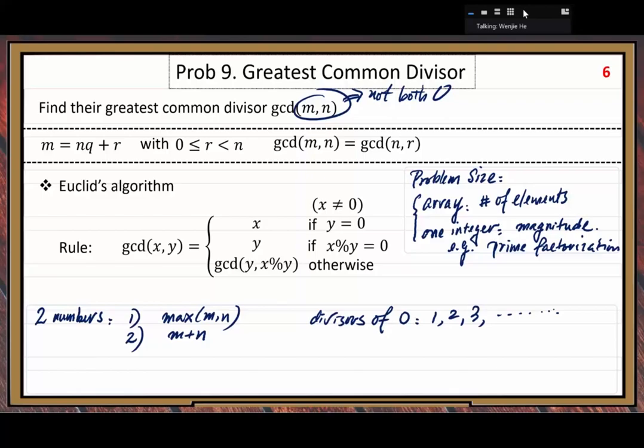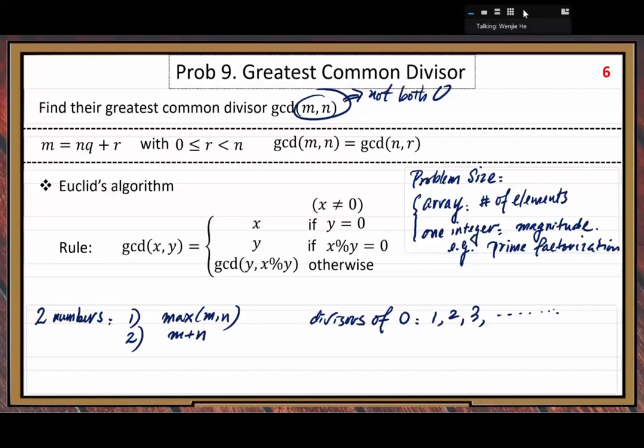But if both are 0, you can never get a greatest common divisor. 1 million is a common divisor. 1 billion is also a common divisor. 1 trillion is also a common divisor. Which one is the greatest? No greatest. So that's why we do not allow both integers to be 0. That's the first thing.